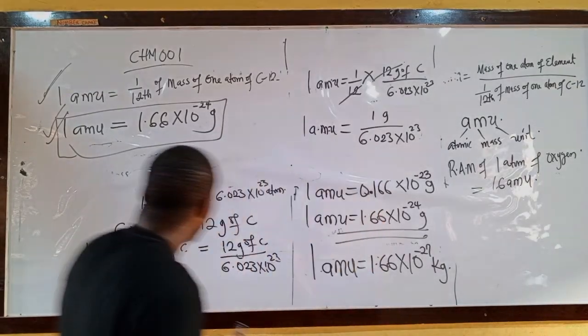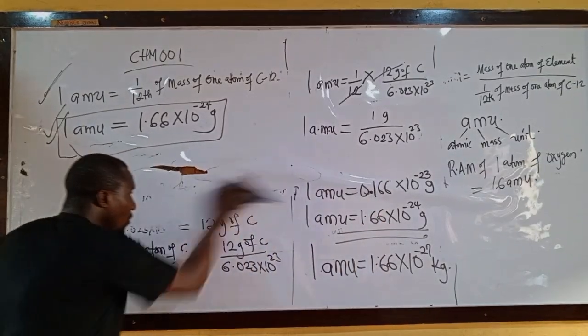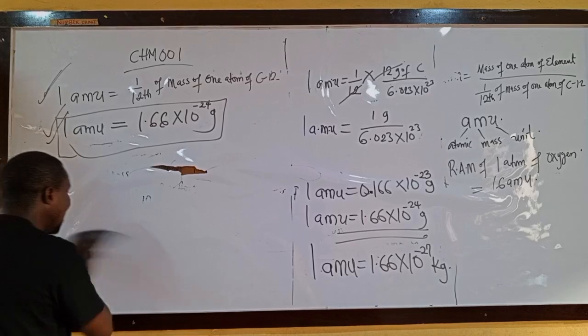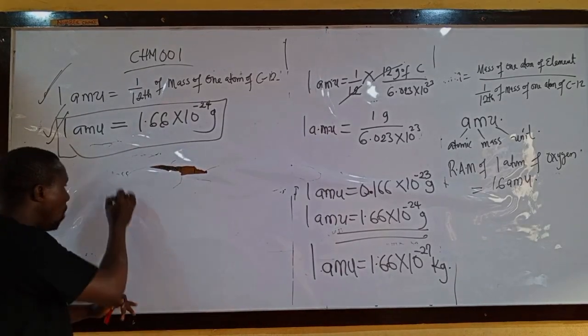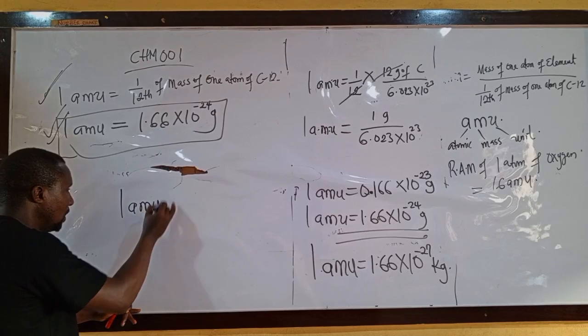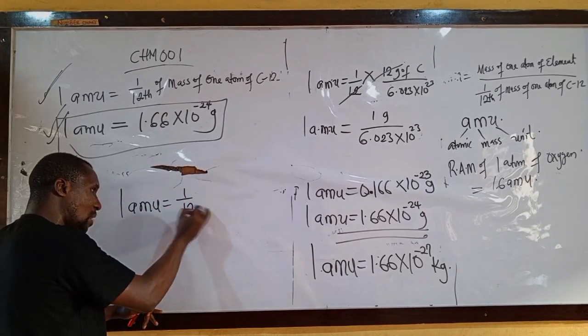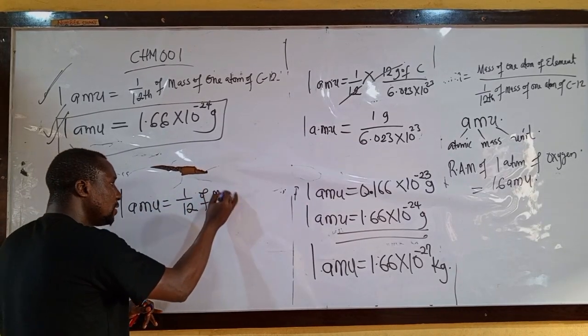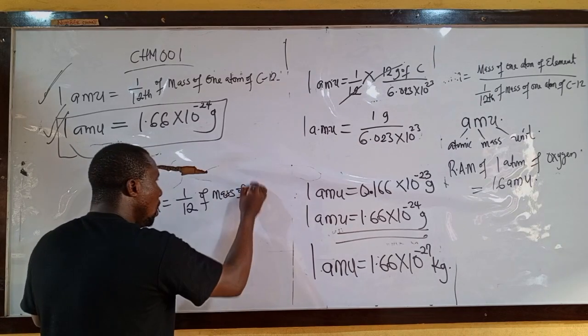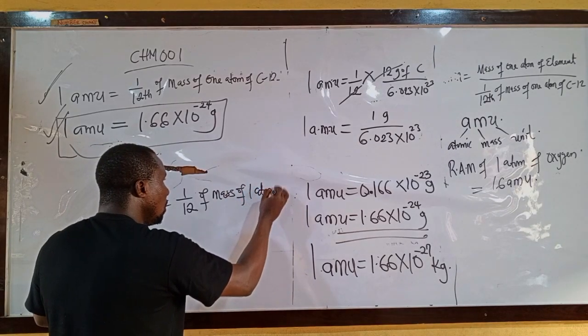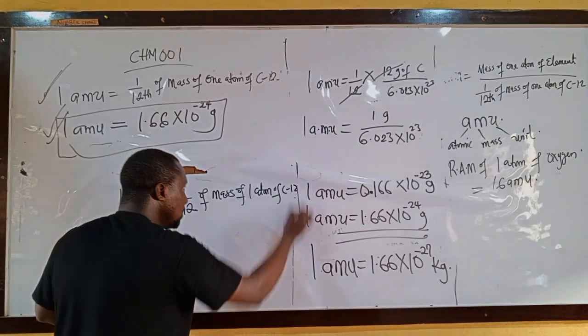So what is one atomic mass unit? Prepared student, one atomic mass unit is the same thing as 1/12 of the mass of one atom of carbon 12. That is the first one.